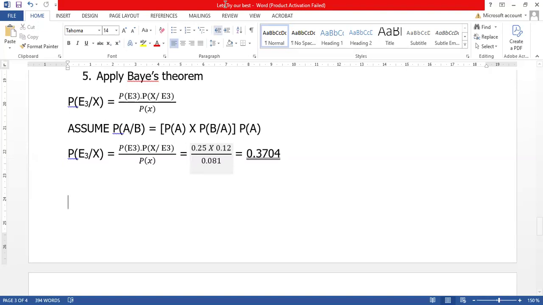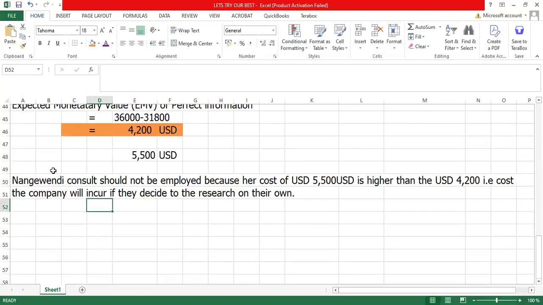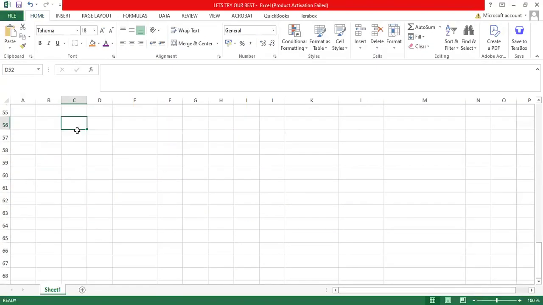Yes, please talk about it. Which screen are you seeing? Probability, Excel.